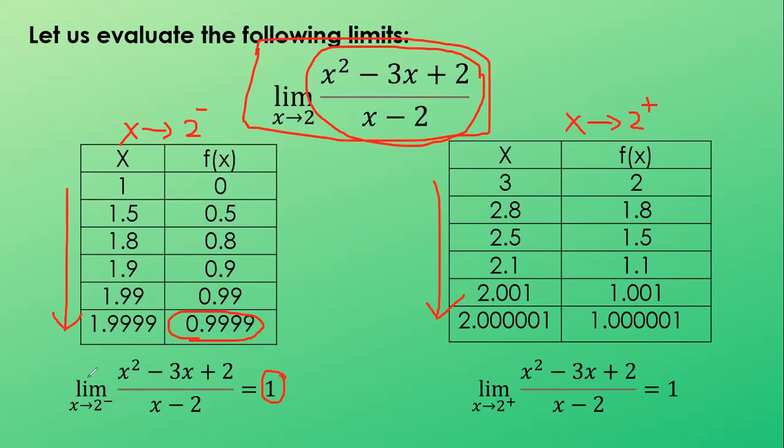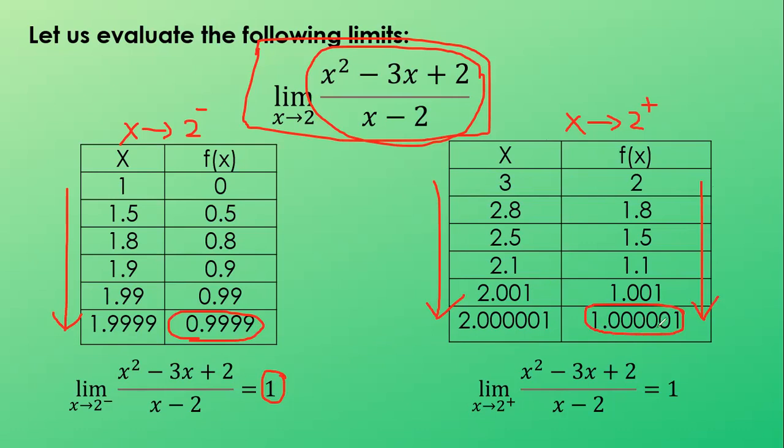So we have evaluated the limit of our function as x approaches 2 from the left, and that is equal to 1. Punta naman tayo sa second table. As x approaches 2 from the right, okay, so our f of x also approaches a certain value which is equal to also 1 din, yung in-approach niya.